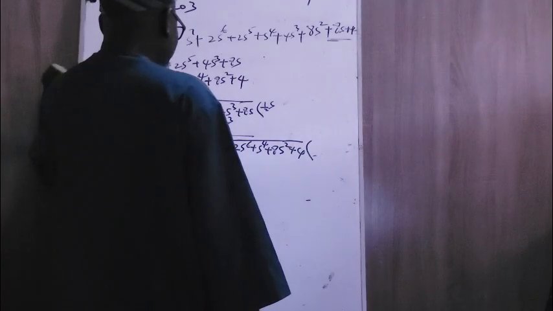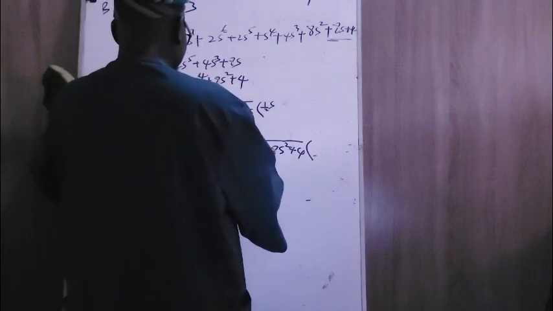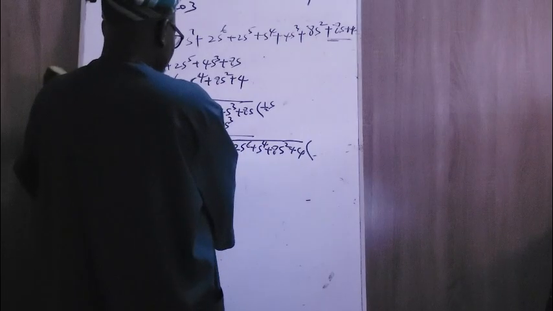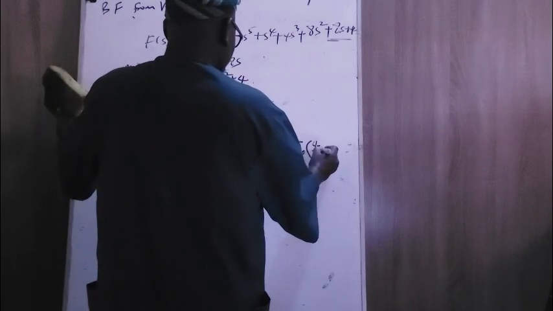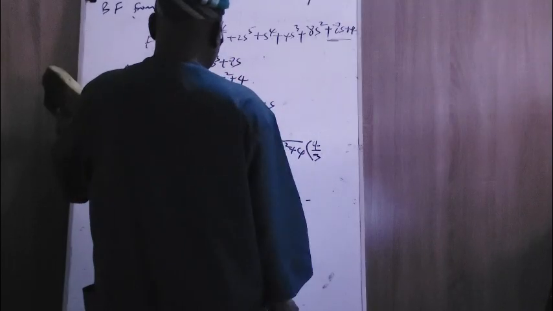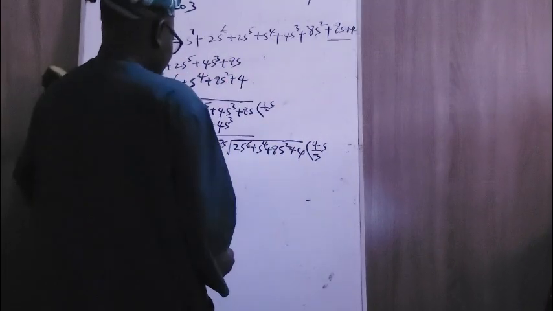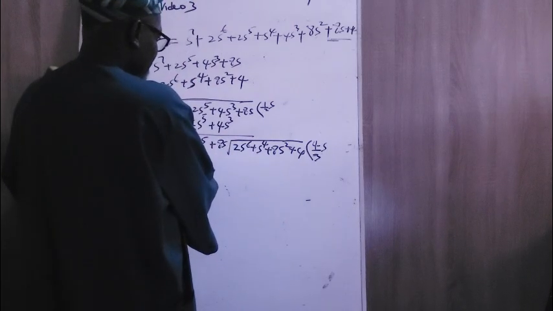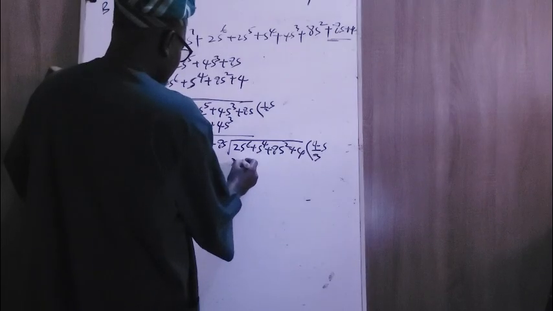What are we going to have? This divided by this will give us 4 over 3s. 4 over 3s times this, 3 will cancel, that will be 2s^6.